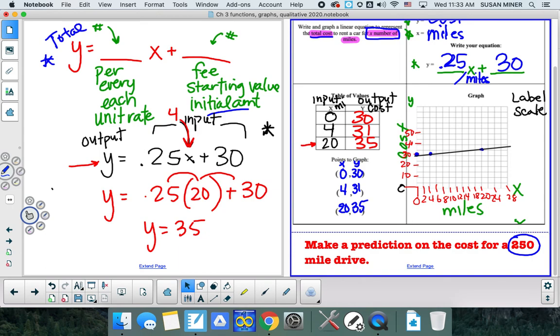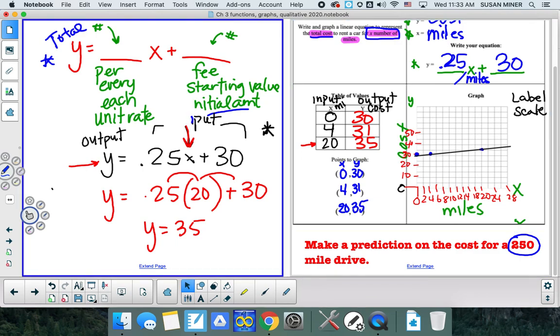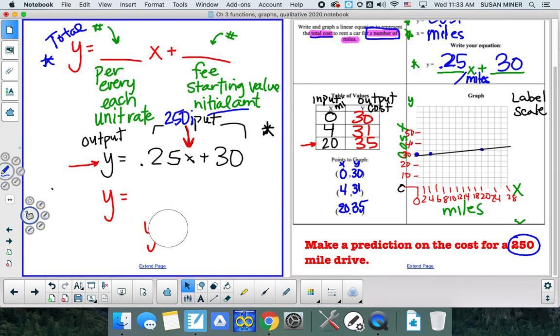I can use this function to help me predict what my cost would be for any number of miles that I've driven, because all I have to do is make an adjustment in what my input is, and I can use this function to make a prediction for a future number of miles. What would my cost be if I drove 250 miles? Put it in as your input into your function and get out your prediction.